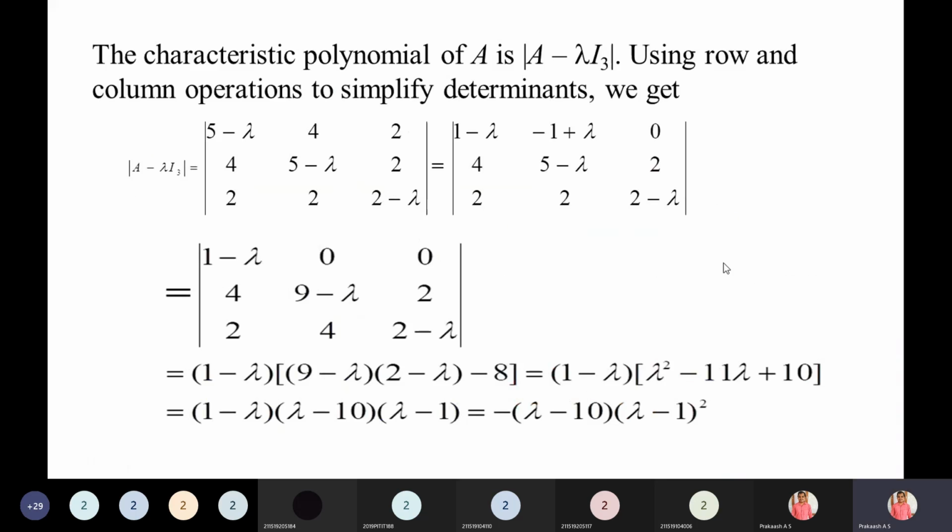See, the characteristic polynomial of A is the determinant of A minus lambda I. Using row and column operations to simplify the determinant, because the values are large, it is somewhat difficult to calculate.